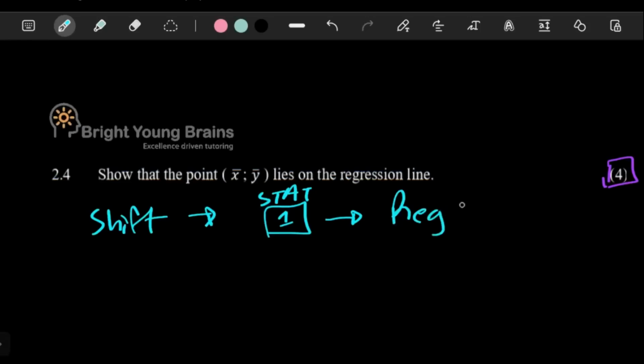After pressing reg, you press 4, which is average. There's the one for the x, 60.58, and then you do the exact same thing for the y.